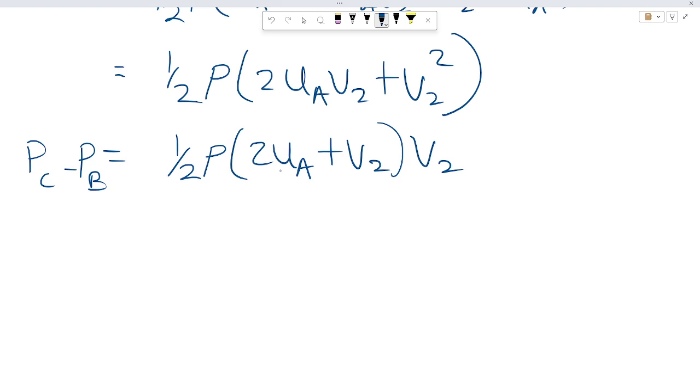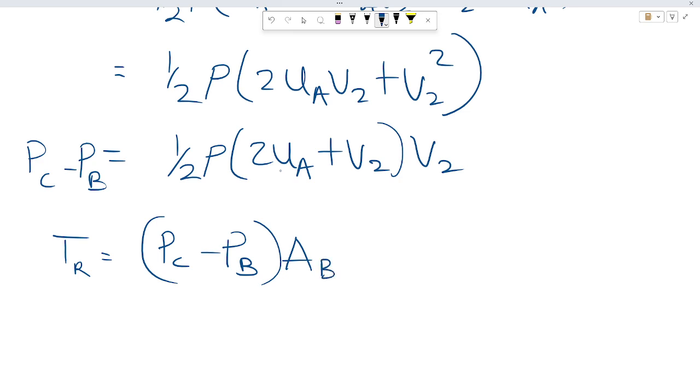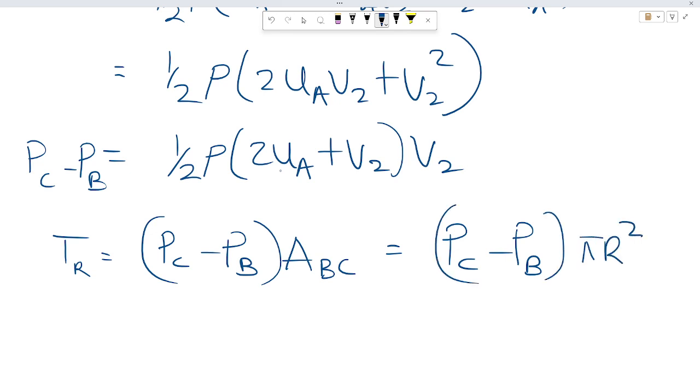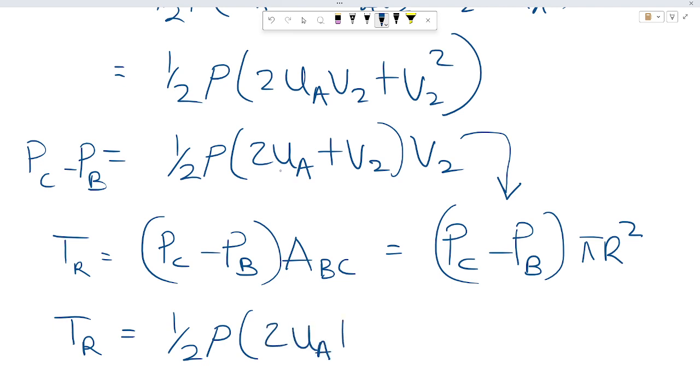And don't let us forget that the thrust equals PC minus PB times the area of the rotor disc, which is pi r squared. Now, by slotting this equation into this, we have our thrust to be half rho, 2 UA plus V2, V2 pi r squared.